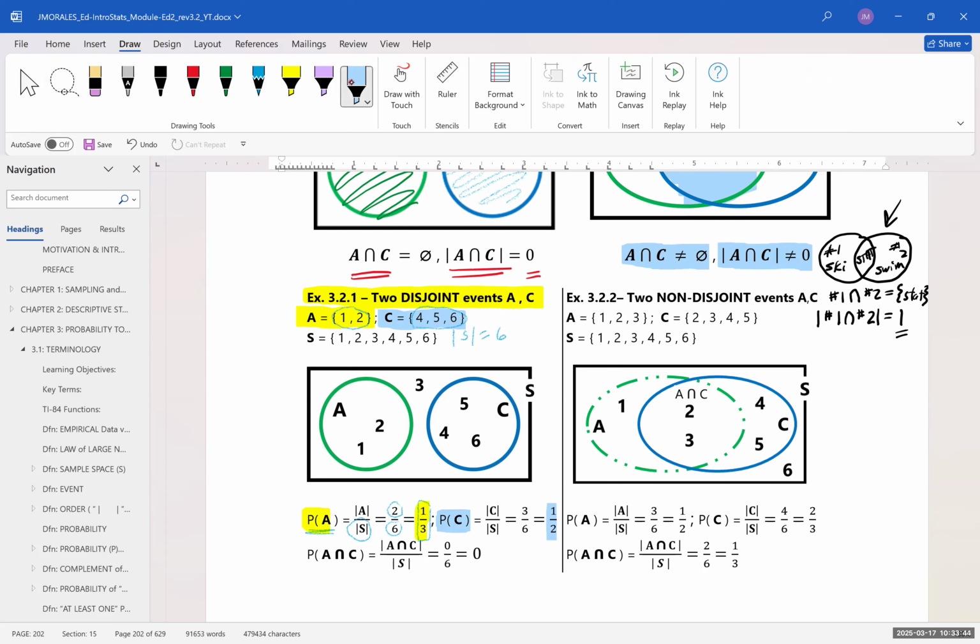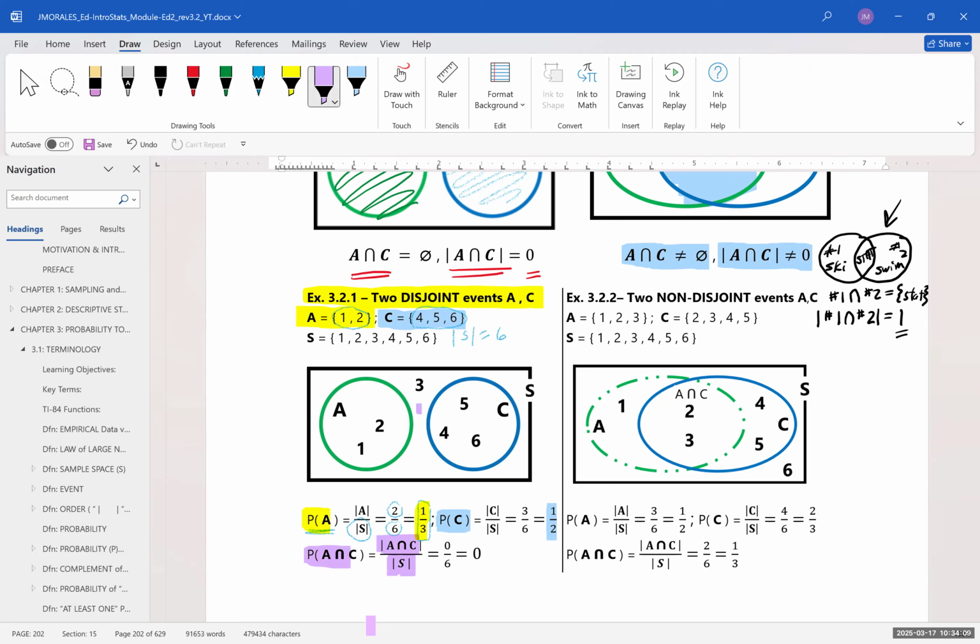Now, what's the probability of the intersection between A and C? So this is going to be the order of the intersection divided by the order of the sample space. Let me use a different color. And so what's going to be the order of the intersection?